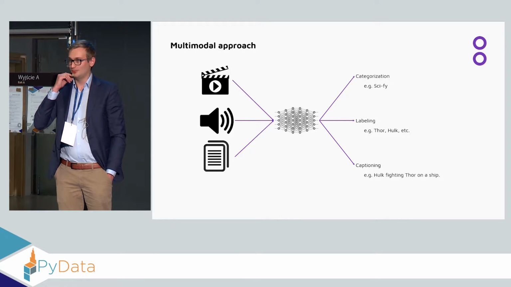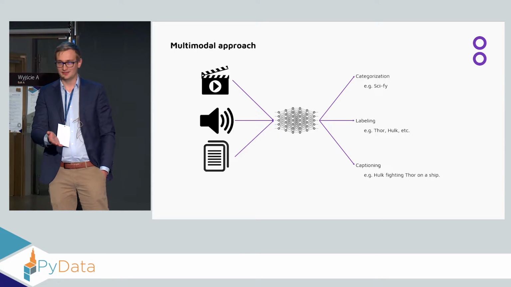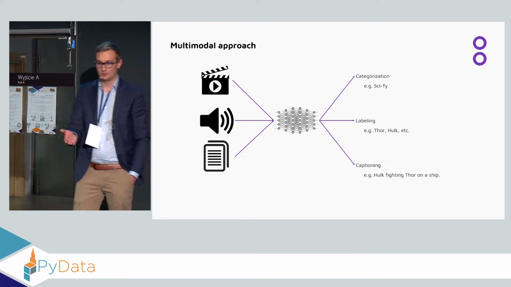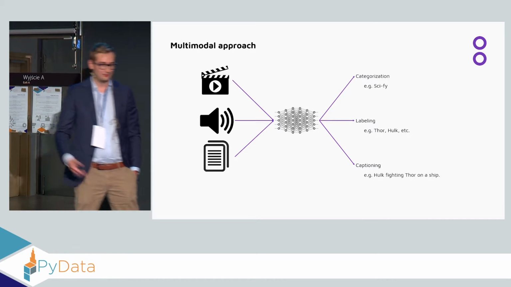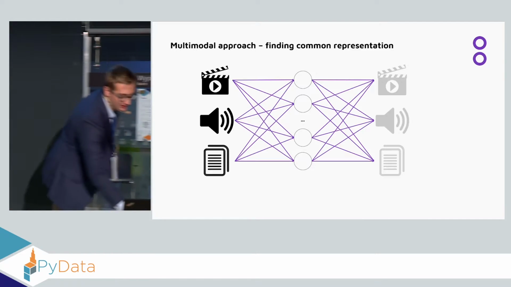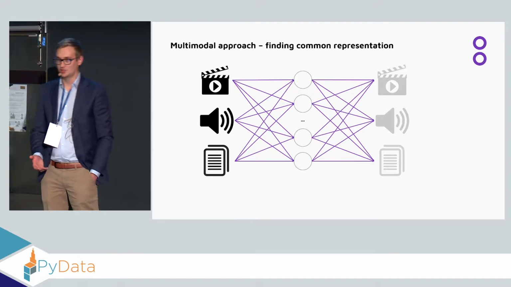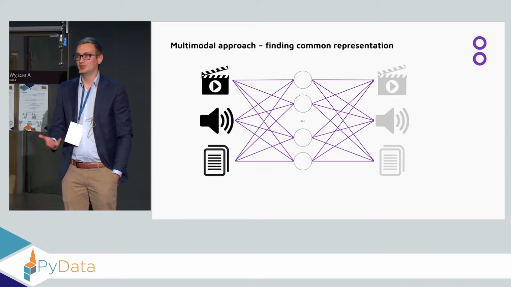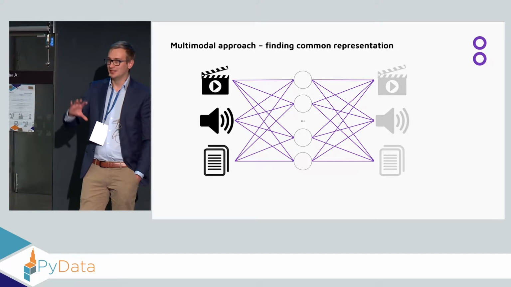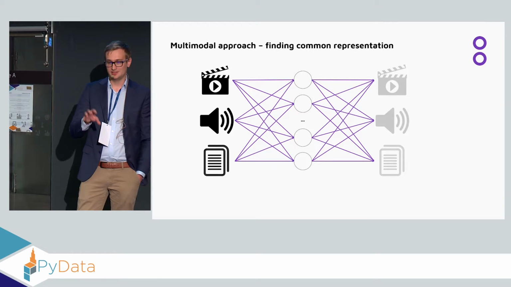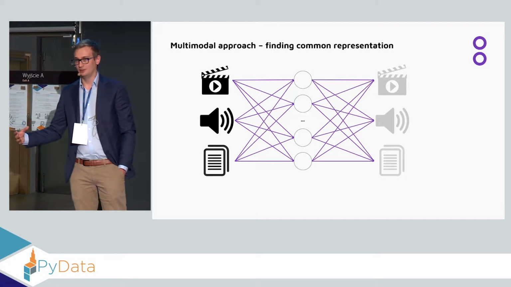But you probably already see what the problem is here. We have data sets that are completely different. So how do we combine video, sound, and text? Here, help comes from a multimodal approach and finding a common representation. So multimodal autoencoders are autoencoders that can help us transform all of these different types of information into the same common space, which we can then feed into our neural networks.